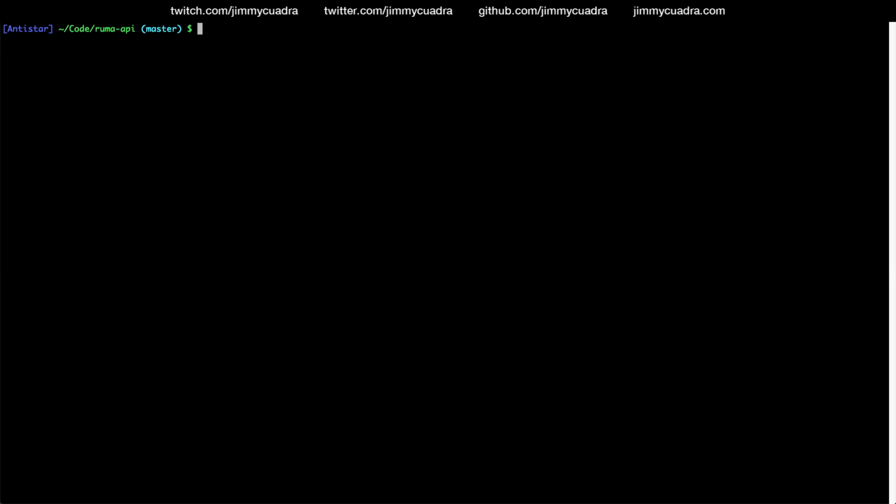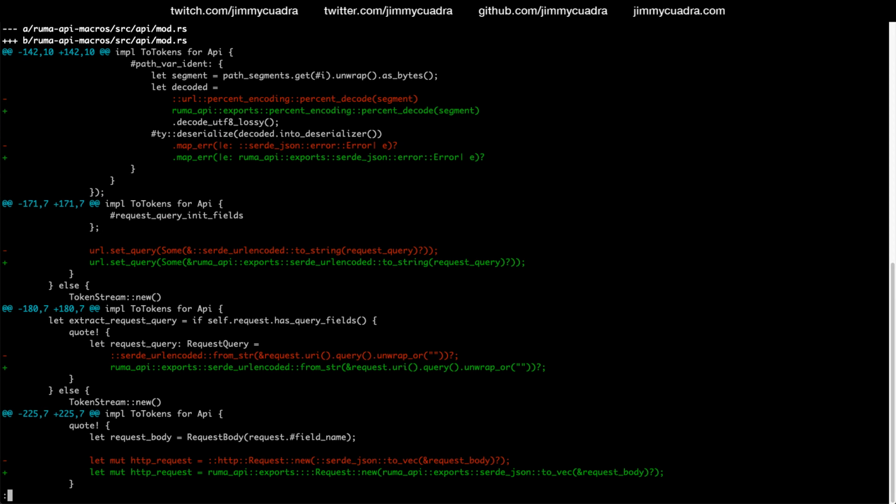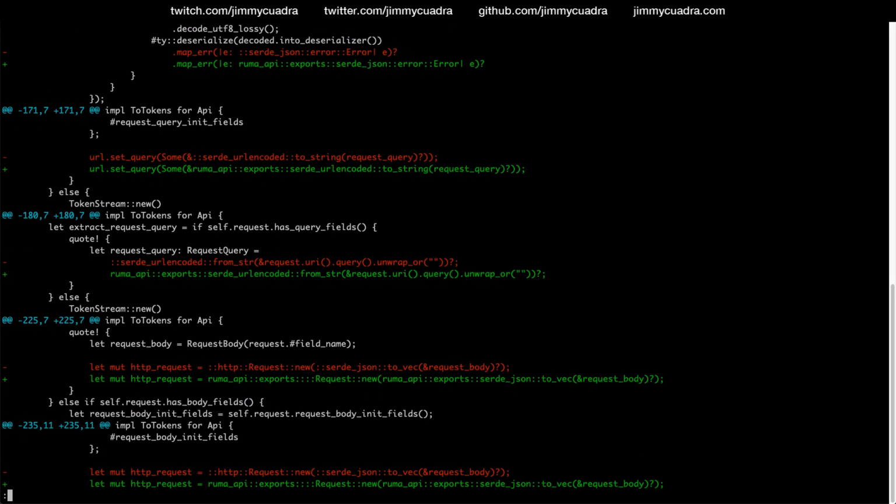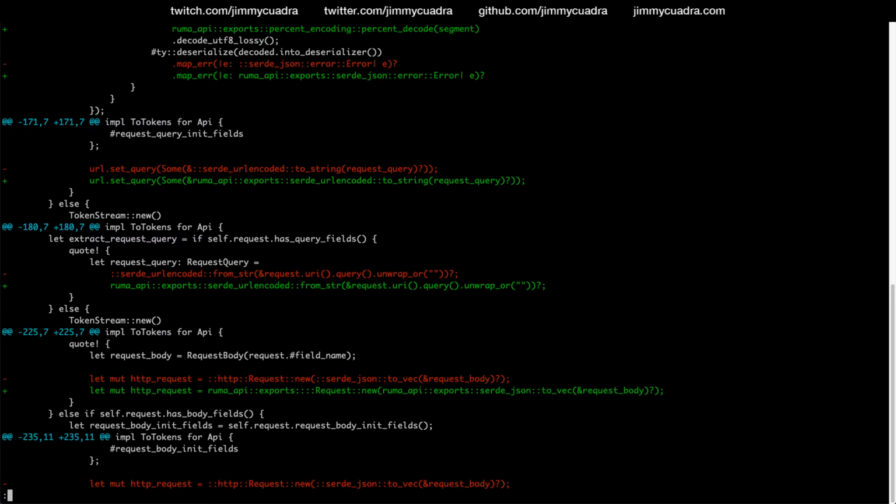I guess maybe what I should do is just look at the diff. What did I actually change? Did I make a typo here somewhere? Oh, look at that. I see 4 colons in a row. That must be it.